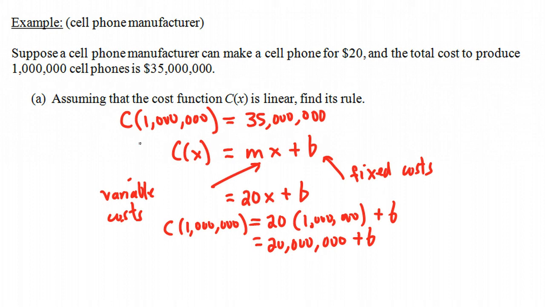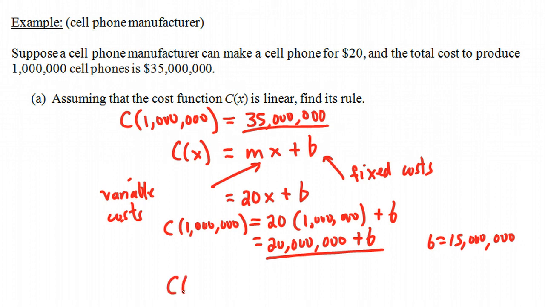So on the one hand we have c of 1,000,000 is 35 million. On the other hand, we have c of 1,000,000 is 20 million plus b. So what is b? Well, b is going to be 15 million. That's your fixed costs, 15 million.